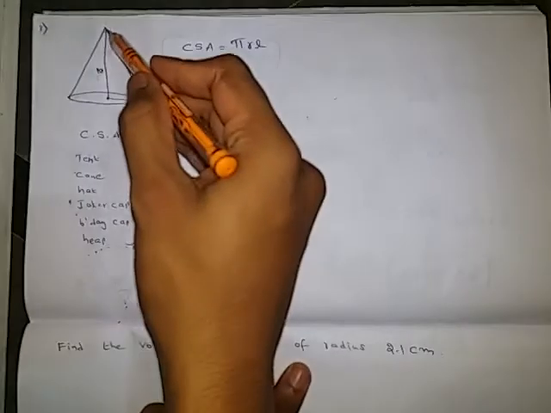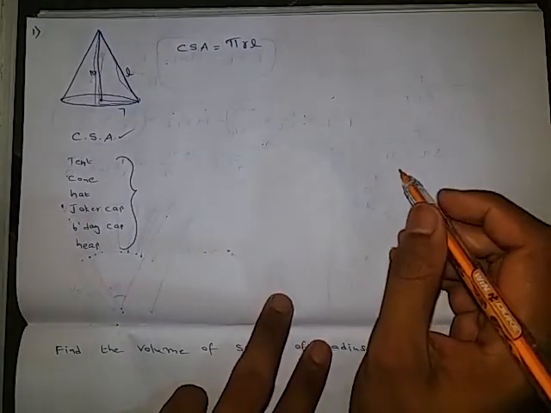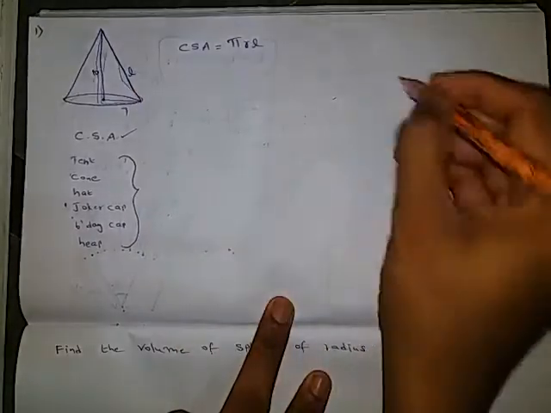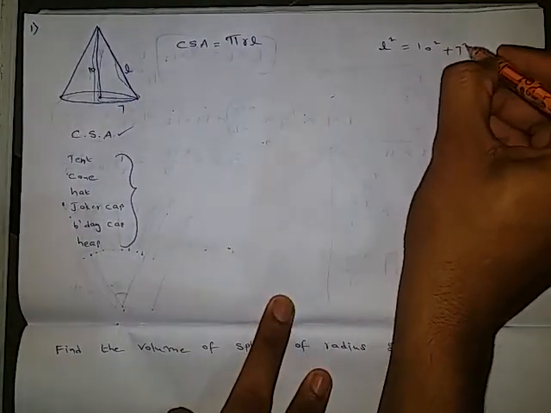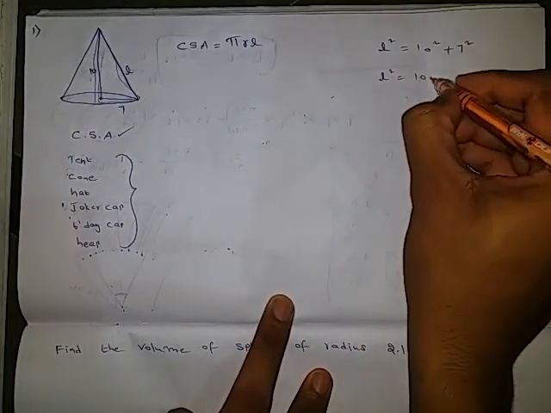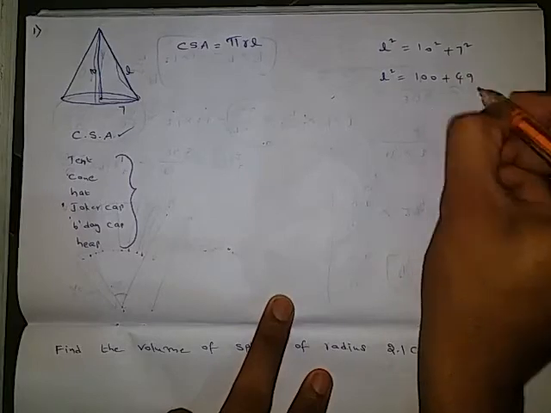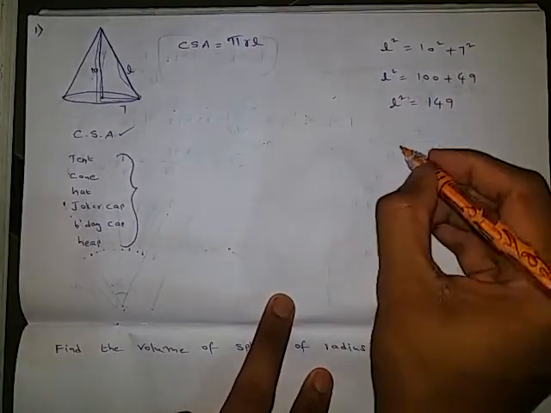Now if we observe this clearly, here we get a right angle triangle. So let us apply Pythagoras theorem. L square is equals to 10 square plus 7 square. L square is equals to 10 square 100 plus 7 square 49. L square is equals to 149.